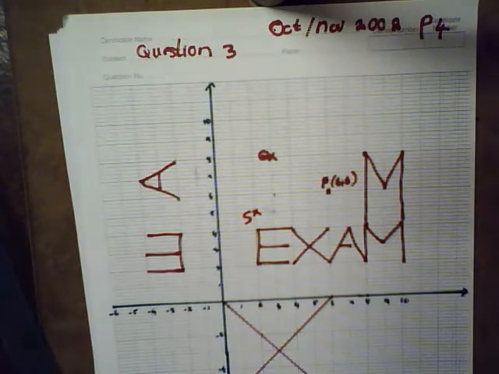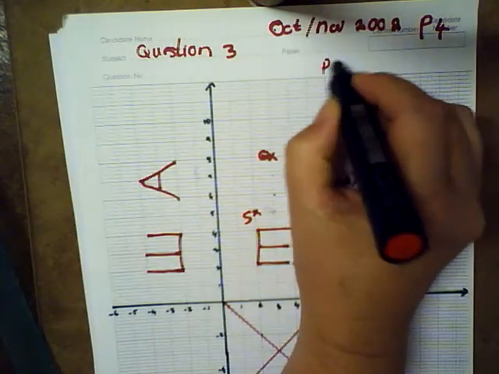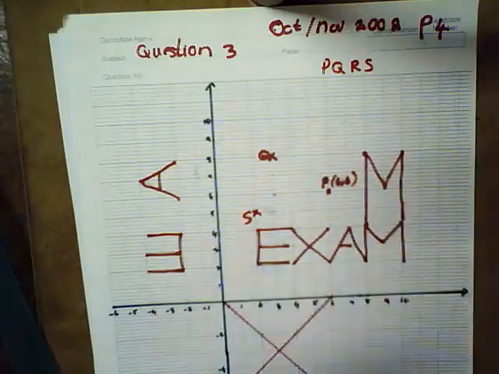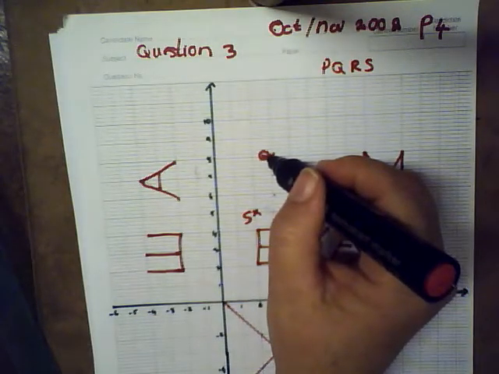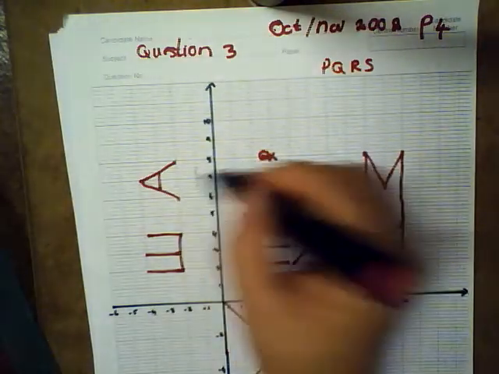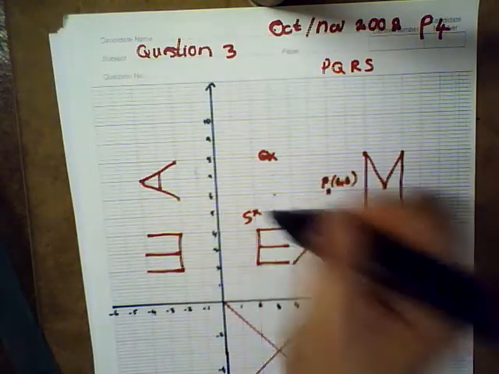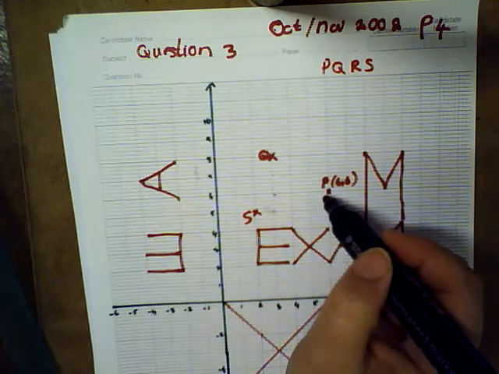Now they ask us to mark and label the point R so that PQRS is a parallelogram. So we're looking at PQRS in that order. If I start here, PQ, R must be somewhere here, S. Now let's look at that.